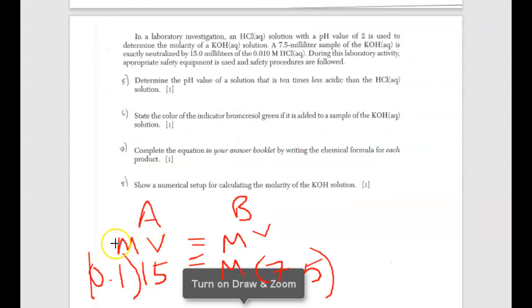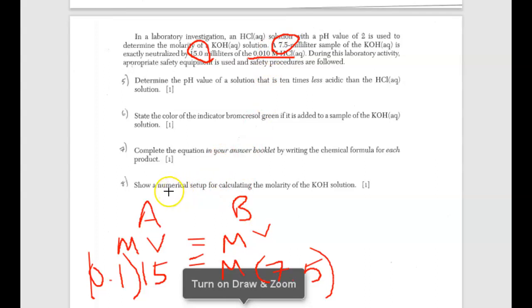I have my molarity times my volume of A, meaning acid, my molarity times volume for B, meaning my base. From above, I have a 0.1 molar hydrochloric acid solution. I have 15 mL. So 15 times 0.1 on one side. On the other side, I don't know the molarity, so that is my X, and 7.5 is my volume.